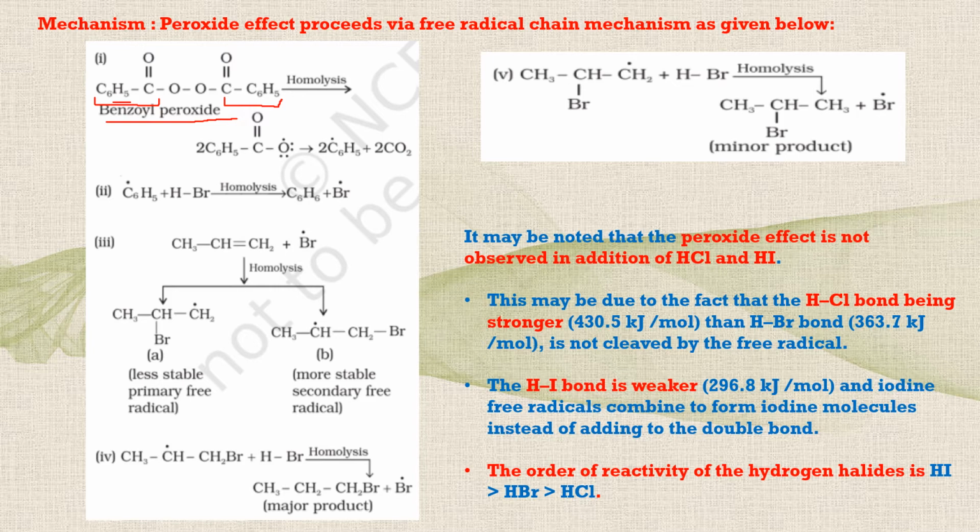Let us understand it. There is a single bond between two oxygens. That means two electrons are there. So when you have this peroxide and the required conditions are given, the homolysis will take place. I am showing half arrow here and half here. That means both the oxygens are taking their electron back. Now this entity is not stable. Oxygen is more electronegative, and you can see the octet of oxygen is not complete.